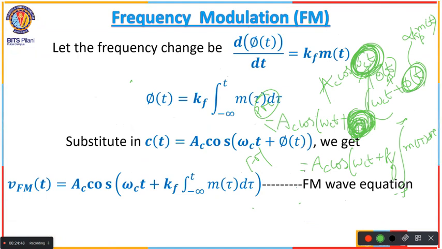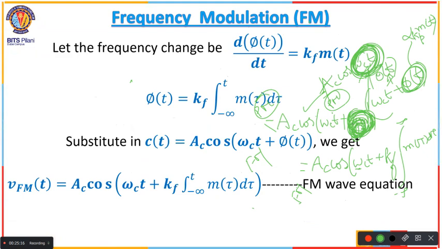This is the equation for the frequency modulated wave. This is the equation for the phase modulated wave. Now, if I give this, can you get this? You can, right? Integrate. If you give this, can you get this? What do you do? Differentiate. Have you understood now? Mathematically, you have understood.